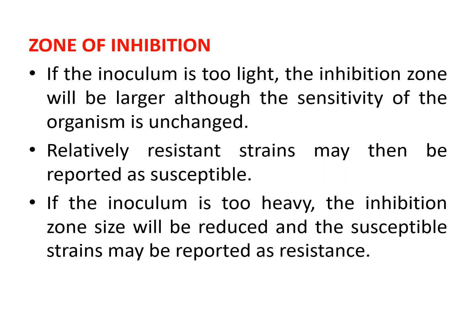If the inoculum is too light, the inhibition zone will be larger, although the sensitivity of the organism is unchanged. Relatively resistant strains may then be reported as susceptible. If the inoculum is too heavy, the inhibition zone size will be reduced and susceptible strains may be reported as resistant.